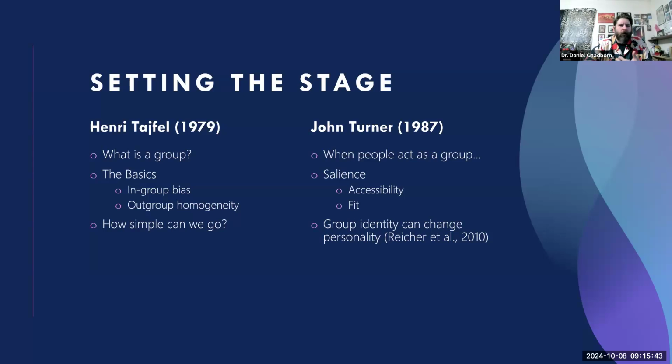They found that when students, these were Australian students, were asked to compare themselves to students from a more prominent university, so maybe me asking Highland students to compare themselves to Harvard students.